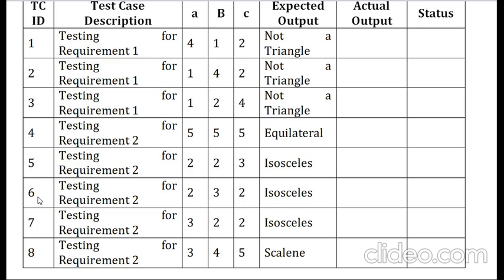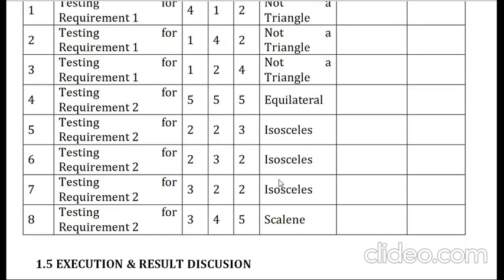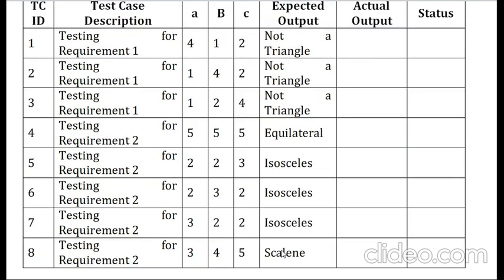Test cases 6 and 7 are the same as test case 5, because two sides are equal here, 2 and 2. So the expected output is isosceles triangle. Test case ID 8, we give the values for A, B, C as 3, 4, 5. Definitely different sides are there, not equal sides, so the expected output is scalene triangle.